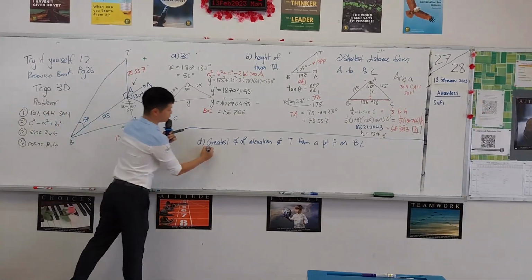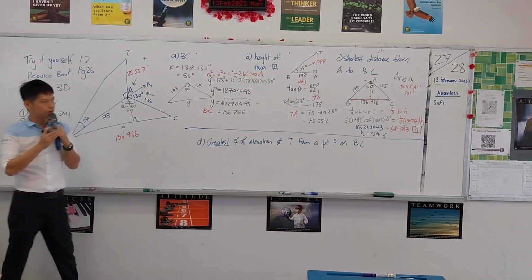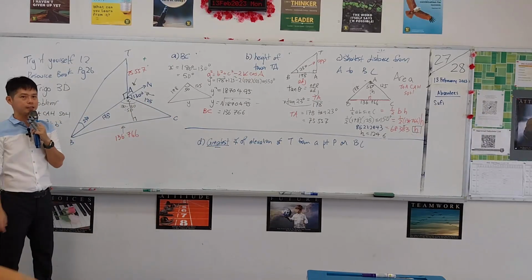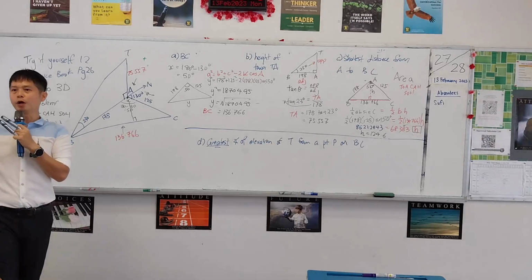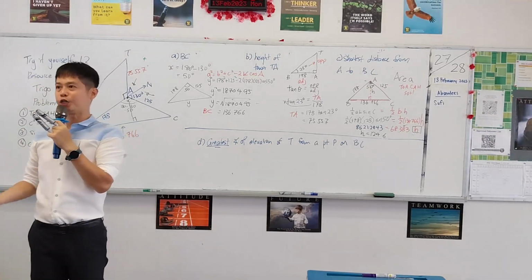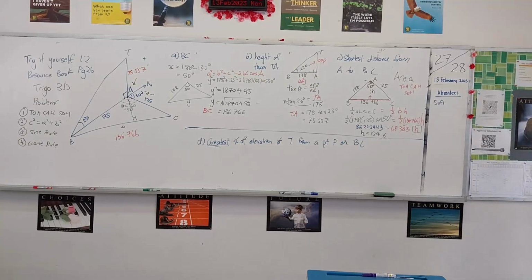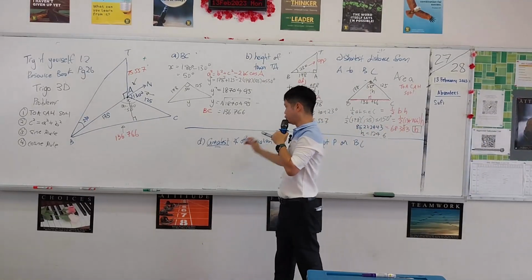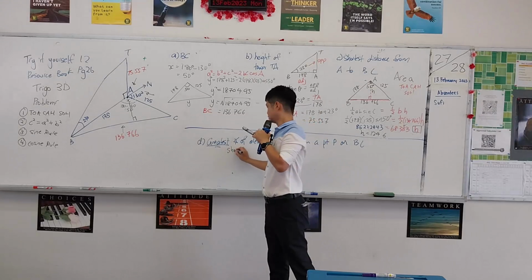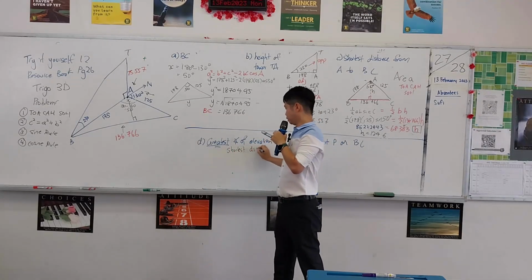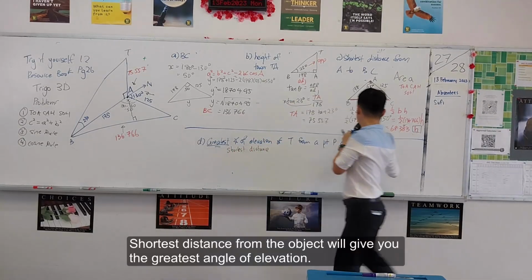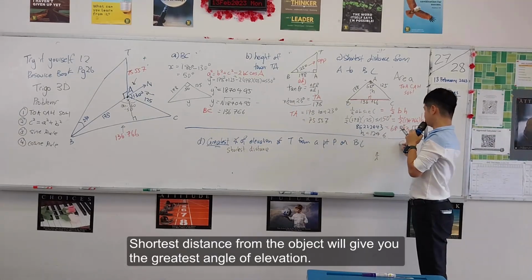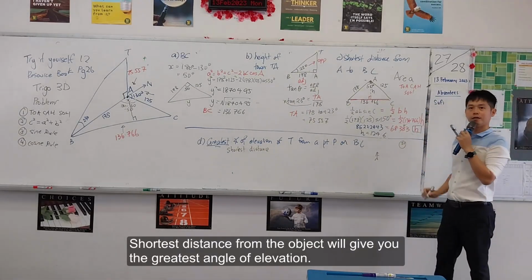Okay, the last thing, something new. I want the greatest angle of elevation of T from a point on BC. Now, when do you have the greatest angle of elevation? Is it near or is it far? The greatest angle of elevation, you have it when you are the nearest. Imagine you are looking at the clock in the class, or the flag.